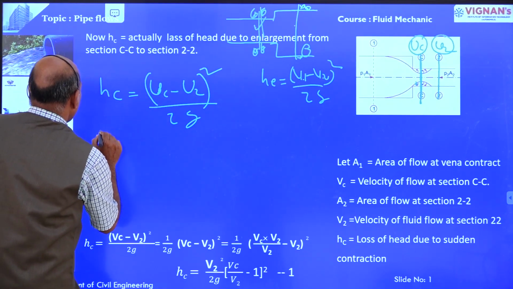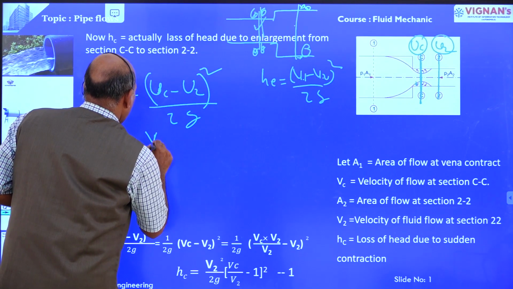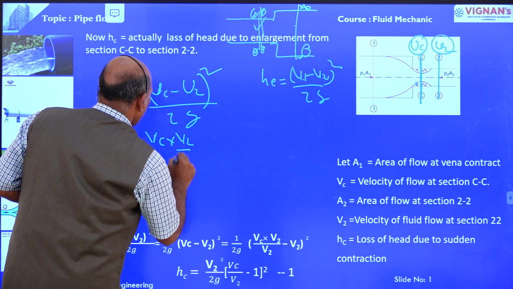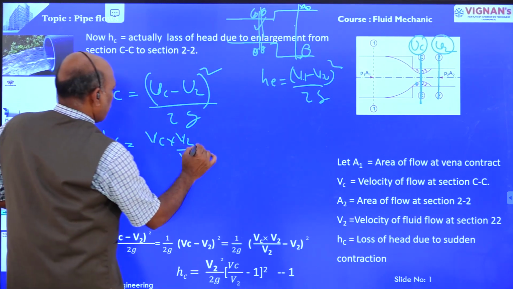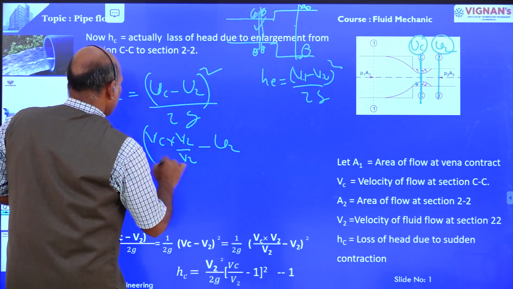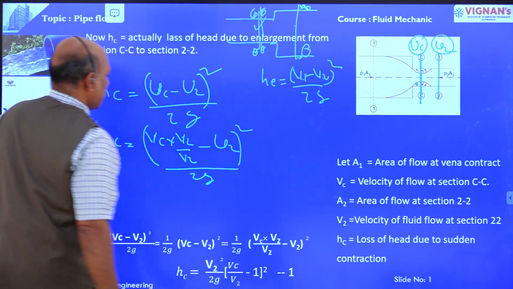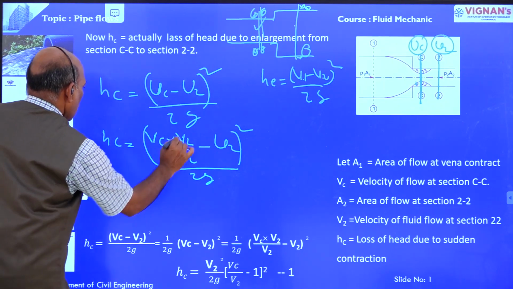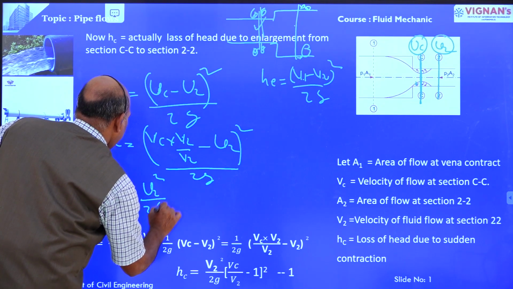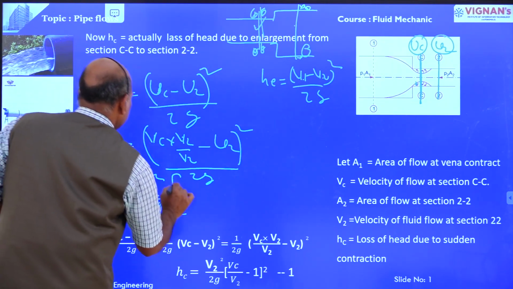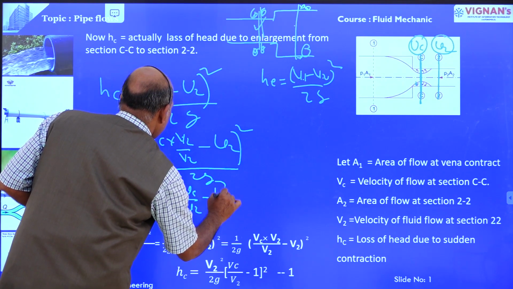Now, this equation can be written as hc is equal to (Vc into V2 by V2, there is no change, multiplication and division, minus V2) whole squared divided by 2g. This is equal to V2 squared by 2g taken out, and then (Vc divided by V2 minus 1) whole squared.